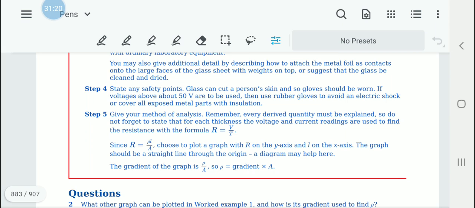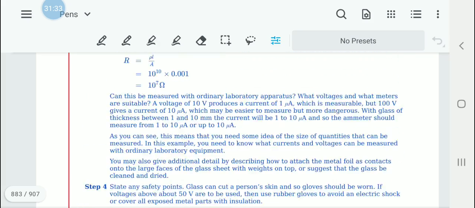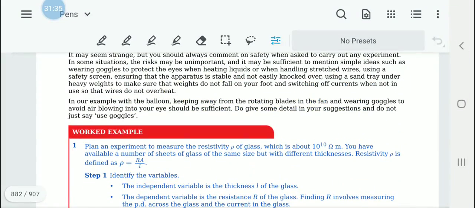That will give us a straight line through the origin that will give us the value that is needed. So the gradient of the graph is rho upon A, so rho equals gradient into A. That is exactly what we need to prove.